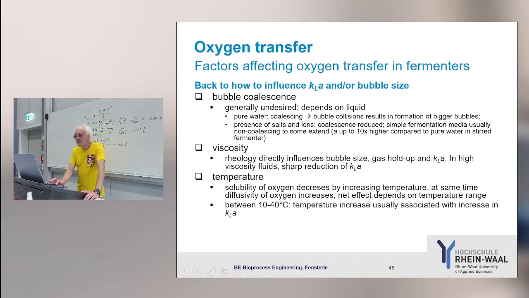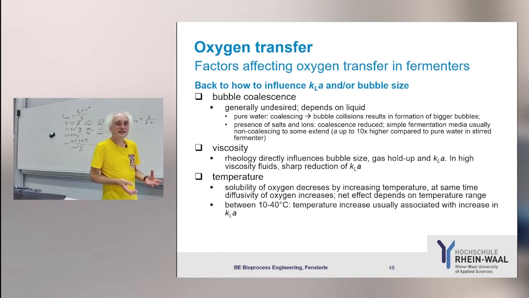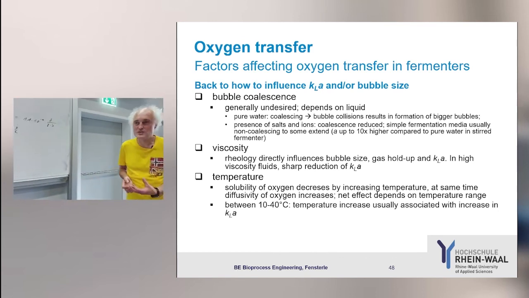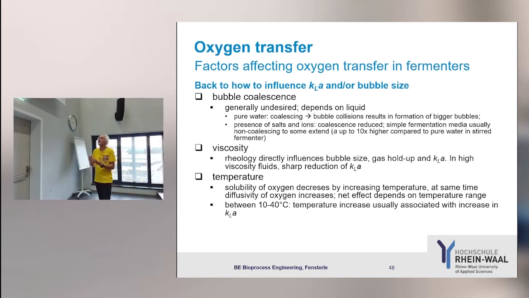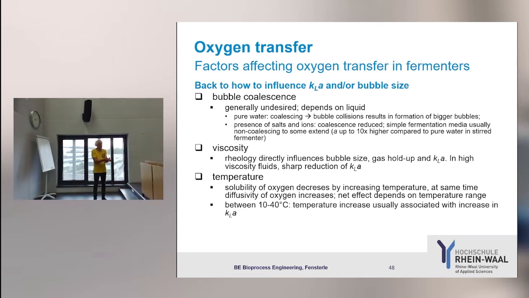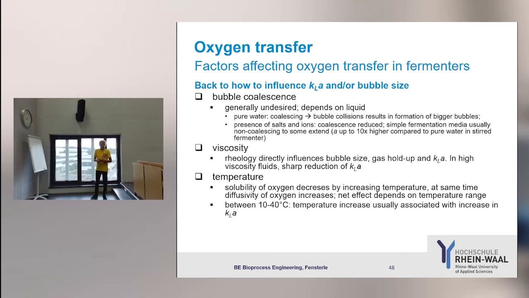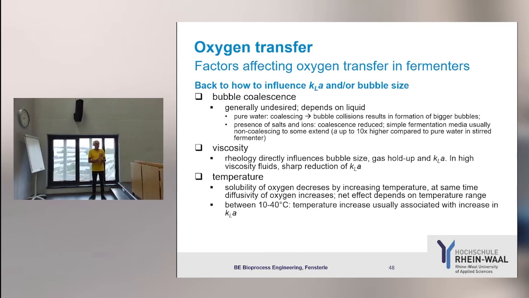Okay. Bubble coalescence is what counteracts our nice stirrer works, and is of course a process which counteracts what we try to achieve. We made small bubbles and then they meet again and then they will be big again. So this is of course what we want to counteract. But it does not just depend on our stirrer, it also depends on the liquid.